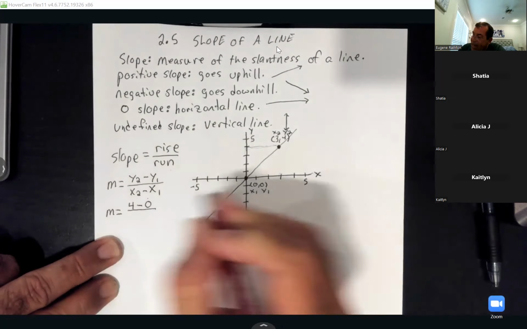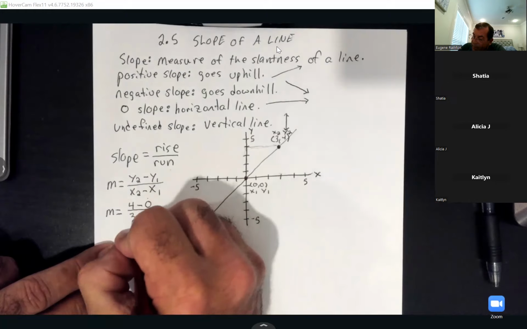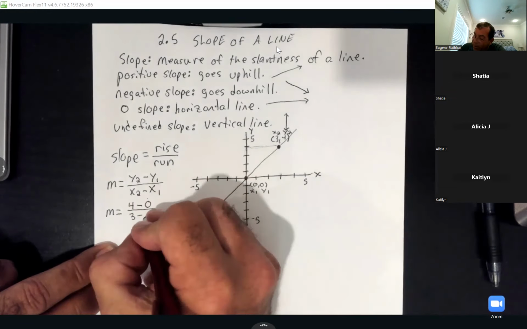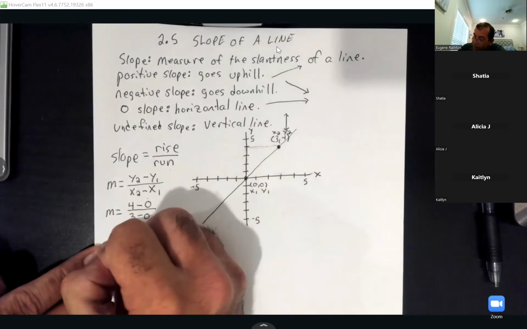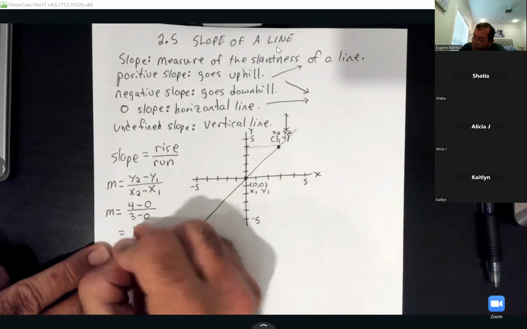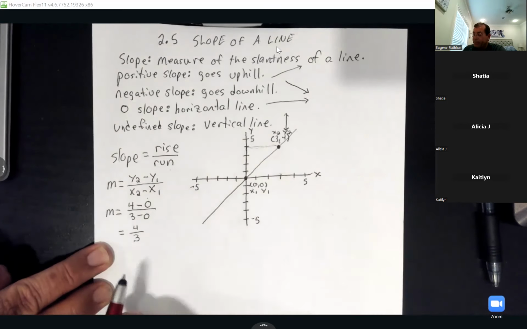Then I would divide that by my x2, which is 3, minus my x1, which was 0. All right, y'all. So on top, 4 minus 0 is 4. 3 minus 0 gives me 3.